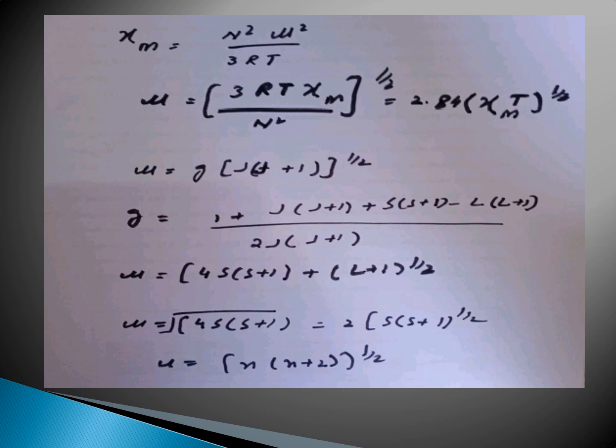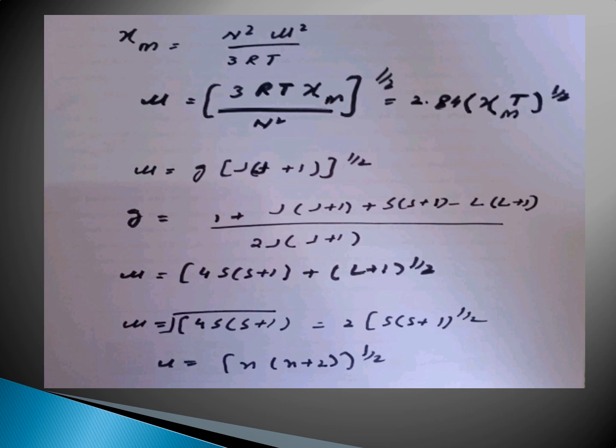S represents the spin moment, L represents the orbital moment, and J is for total angular momentum. Mu is equal to g into J into J plus 1 whole to the power 1 by 2, where the value of g is equal to 1 plus J into J plus 1 plus S into S plus 1 minus L into L plus 1, divided by 2 J into J plus 1.